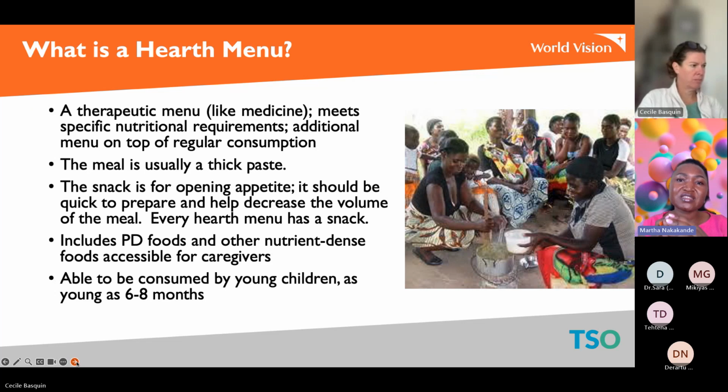So the way it works is, again, we're not going to go into details of PD Hearth. The way it works is you have to do it in your community. You say there's a poor family that has a child A who is healthy. And then there's family B, a poor household with a child that is not healthy or is malnourished.